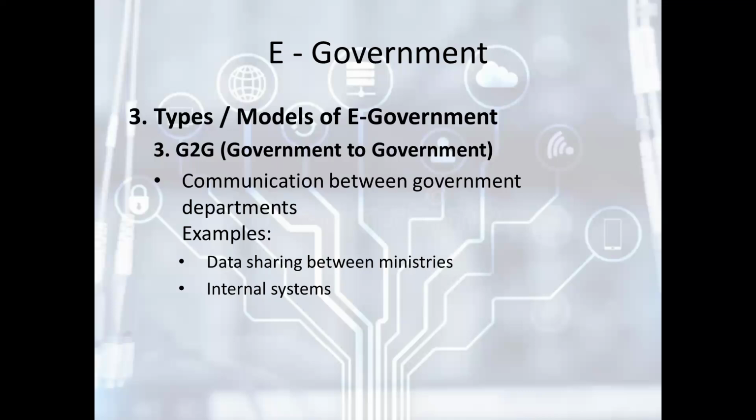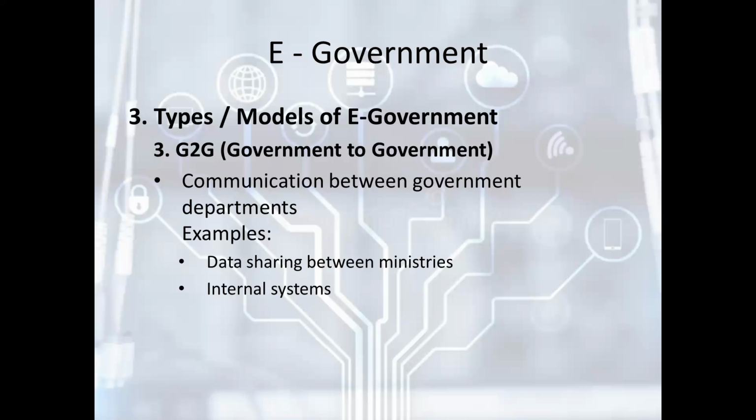That is data sharing between ministries. A practical example available nowadays is the system in the customs department, ASYCUDA, and the Inland Revenue Department's RAMIS. Those two systems communicate and share data. That is the example I know.